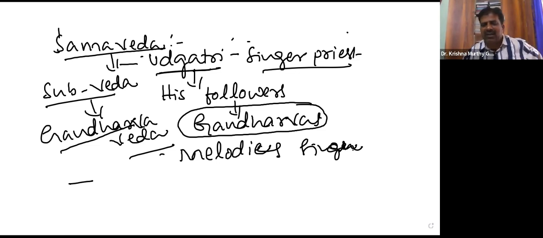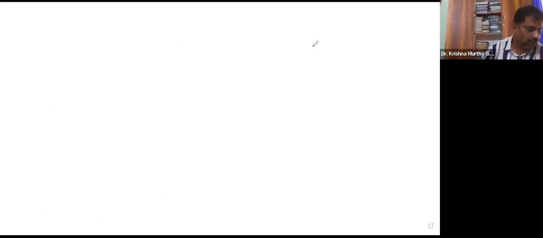These are the very early texts that give a detailed account of Indian music. Even some texts of the Sangam period also deal with the significance of Indian music, even Sangam texts.